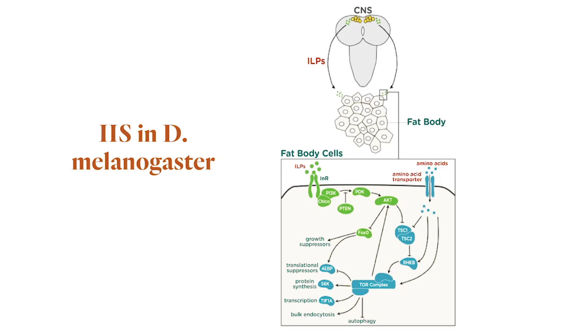For example, FOXO controls the transcription of a gene called 4EBP, short for elongation factor 4E binding protein. As the name implies, the 4E binding protein binds and inhibits the elongation factor, or 4E, which is a key factor in protein synthesis. This leads to reduced protein synthesis.